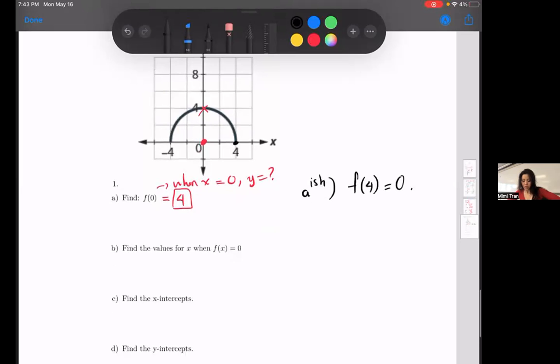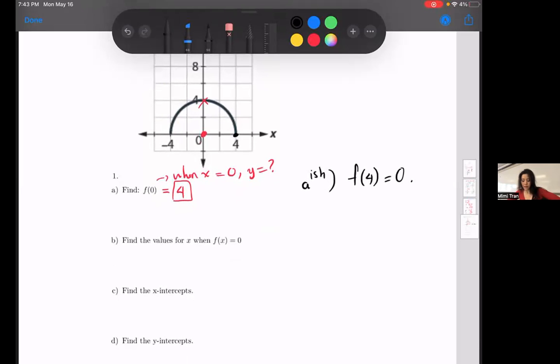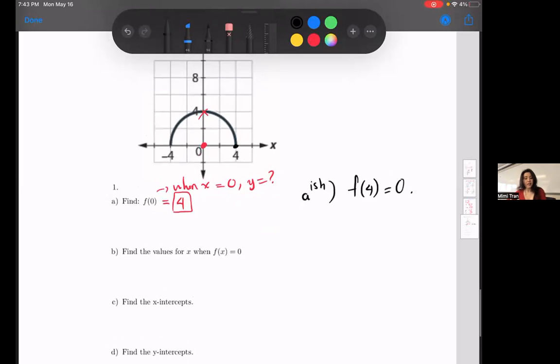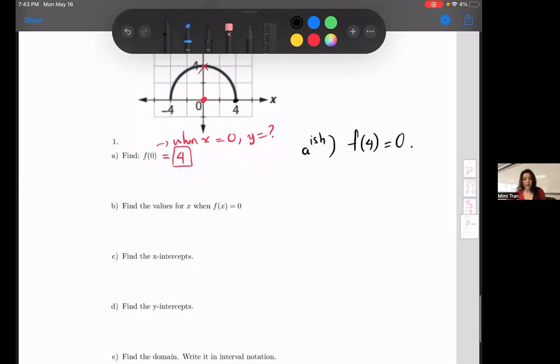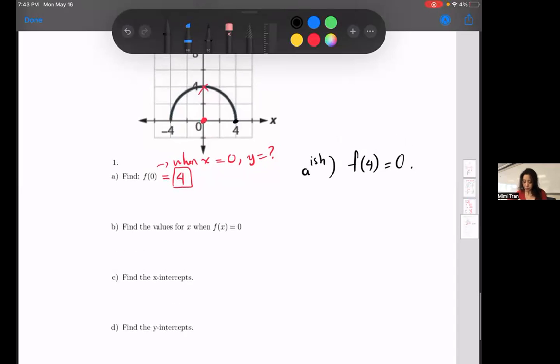What about B? Find the value of x when f of x equals 0. So now it's backward. In part A, they give you x and want you to find y. For part B, they give you y, because f of x is y and they say y is 0. What is x? Find the value of x. So when y equals 0, there's no height.